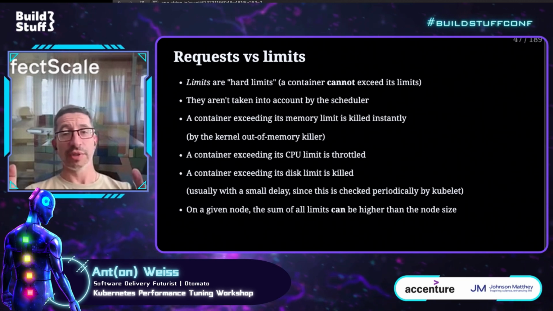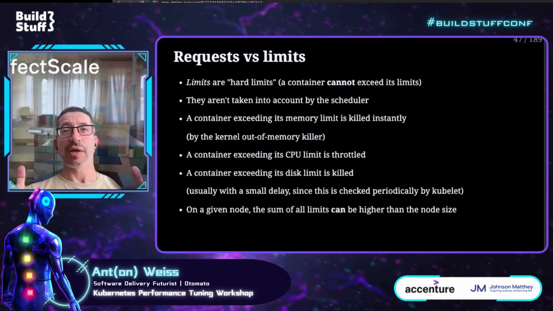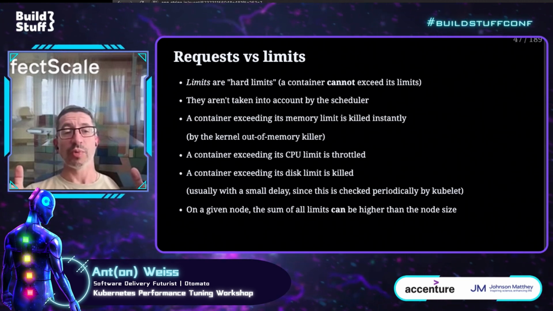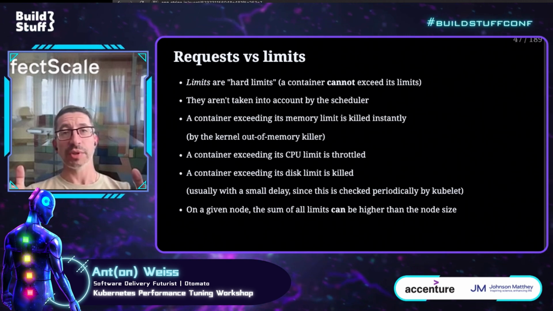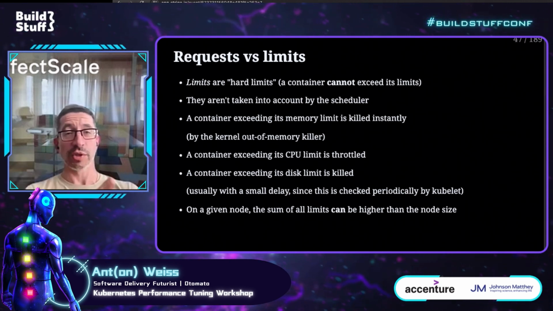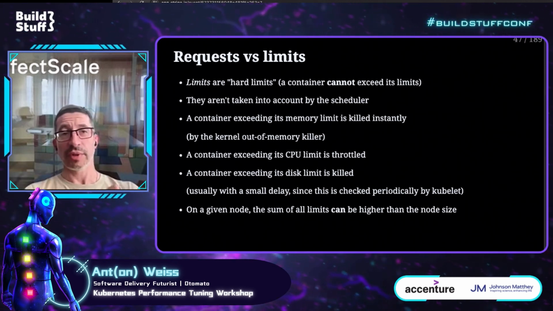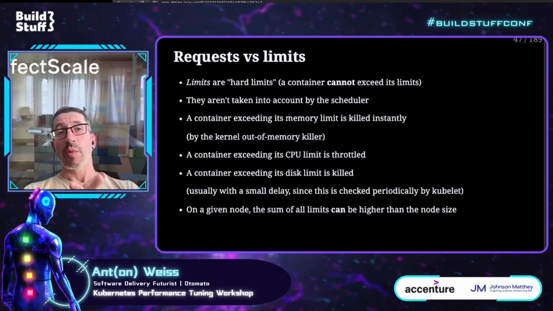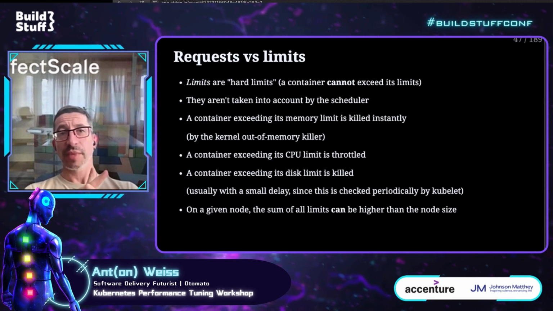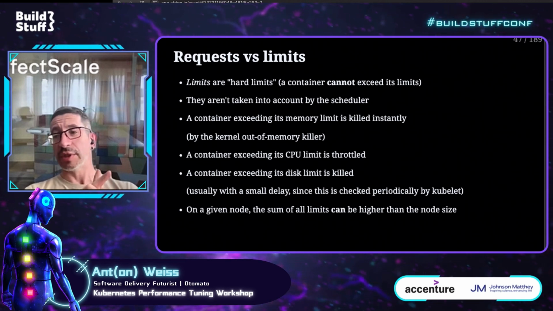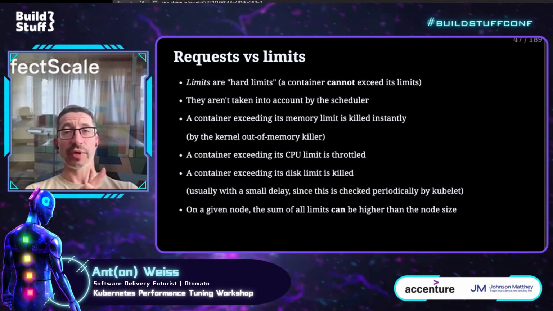We can easily take some CPU from a process, and that won't corrupt the process. It will just make it run slower, which is called throttling. So a container that exceeds its CPU limit is throttled, while a container exceeding its memory limit is killed instantly, because we cannot easily take memory from a running process.